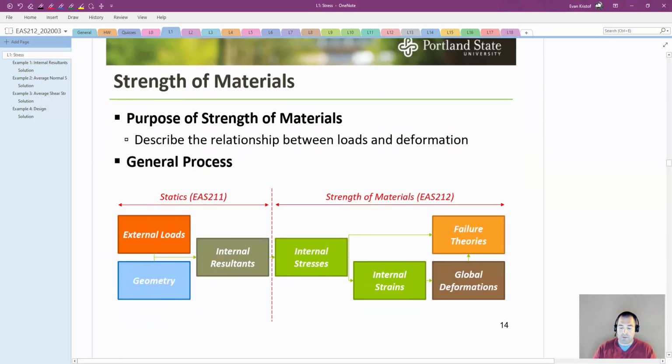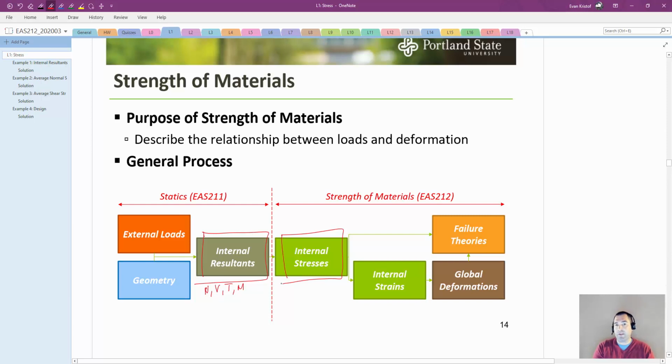So here, just to give us a roadmap of how statics hands off to mechanics of materials, statics allows us to use geometry and equilibrium to calculate support reactions and specifically the internal resultants acting at any location along a beam that we're interested in. So those internal resultants are what we were just talking about, like normal force, shear force, torsional moment, bending moment. What mechanics of materials allows us to then do is to calculate the internal stresses due to those internal resultants.